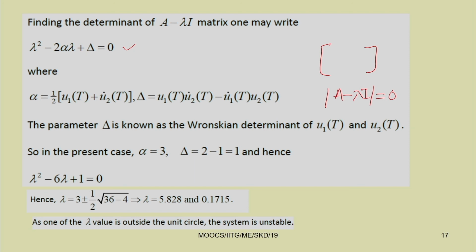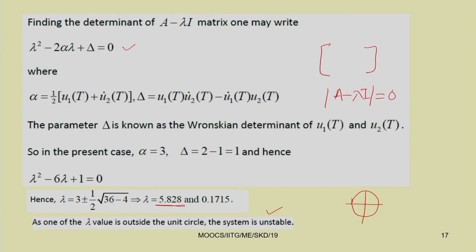You just see, as one of the values, 5.828, is outside the unit circle, the system is unstable. So, this way you can use this Floquet multiplier, and this Floquet theory, to determine lambda and find the response of the system.